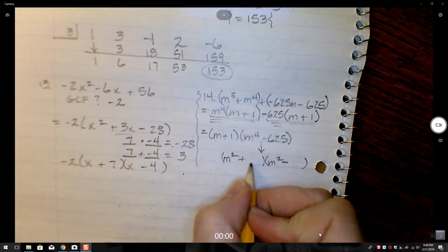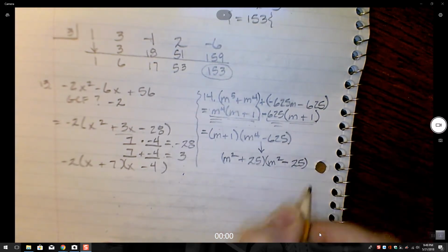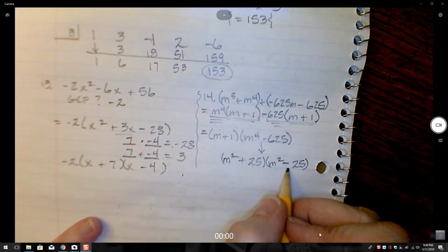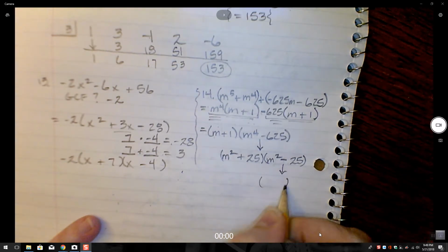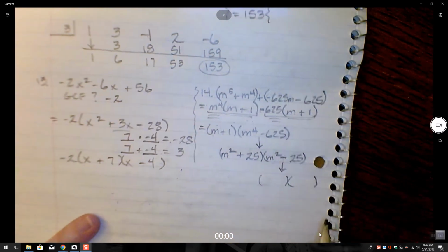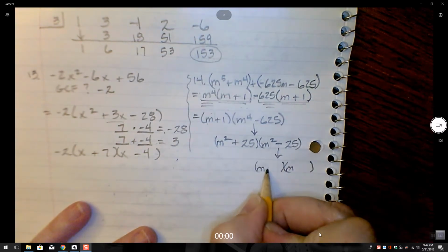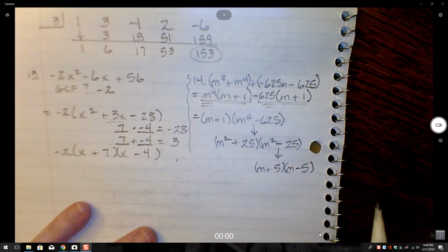And that's the square root of 625. So we're still not done, because we still have another difference of squares here. We have an m and an m and a plus and a minus and a 5 and a 5.